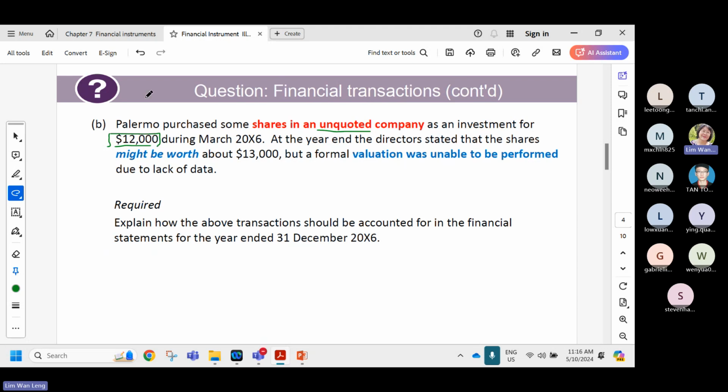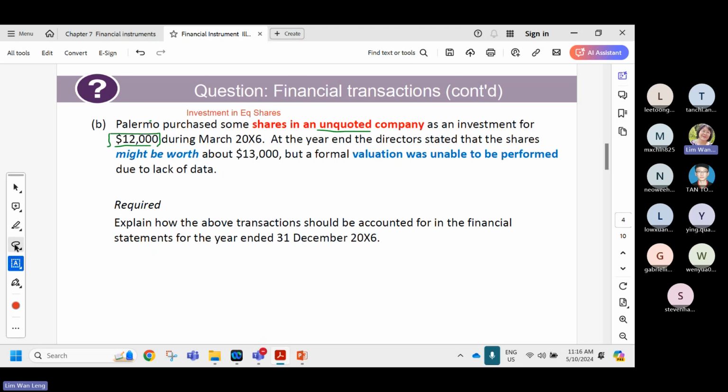Okay? And remember, when you purchase some shares of another company, this is actually what? When you buy shares of another company, this is investment in equity shares. Okay? Investment in equity shares. So which means this is also part of your financial asset.